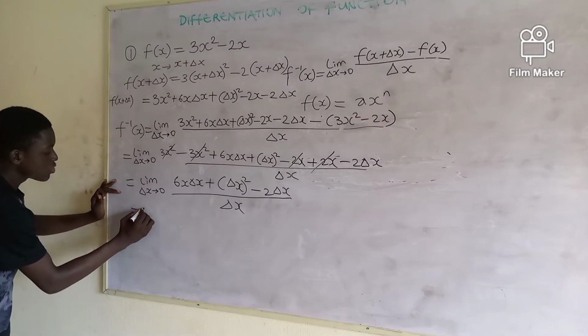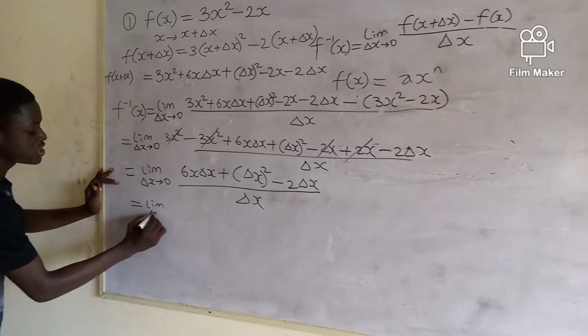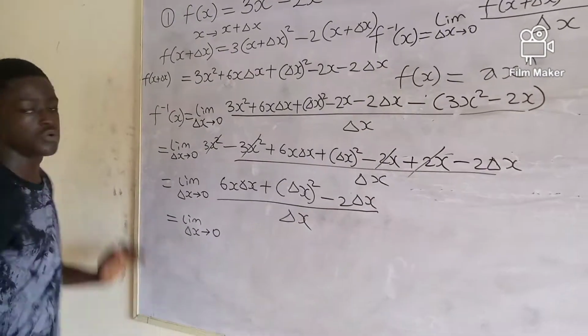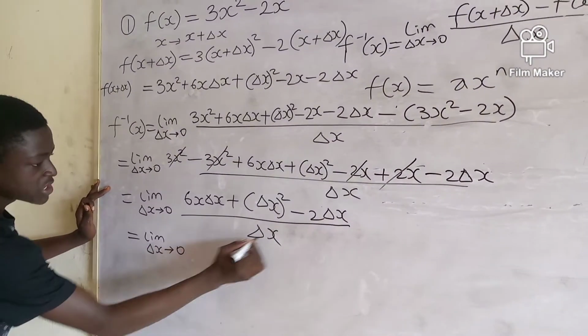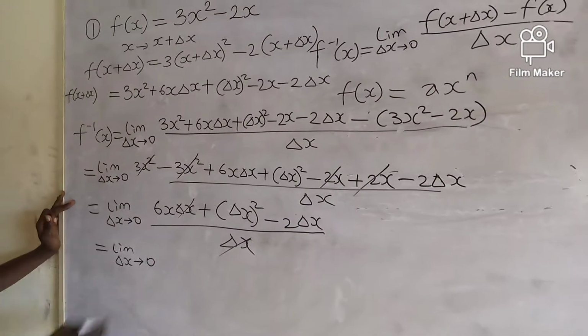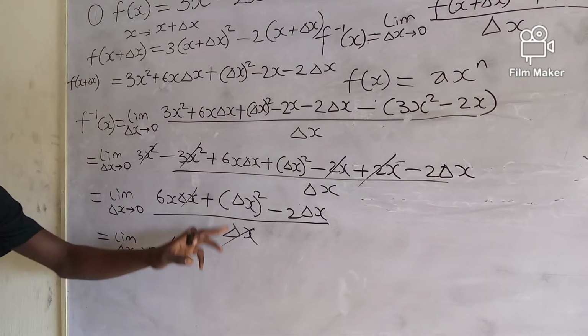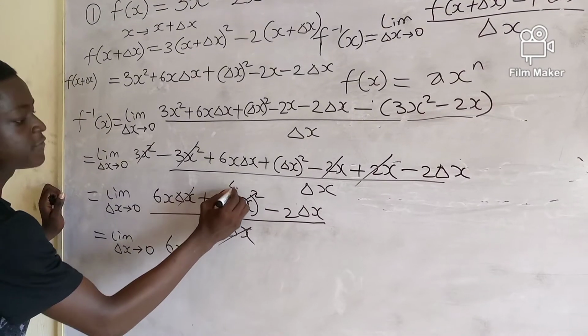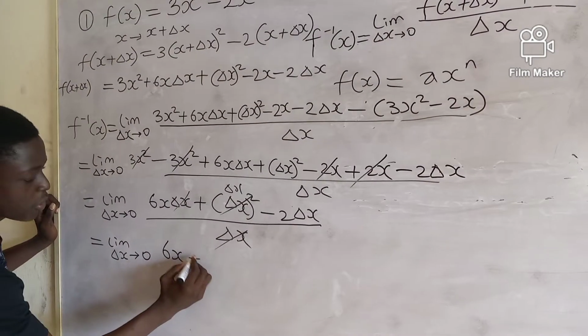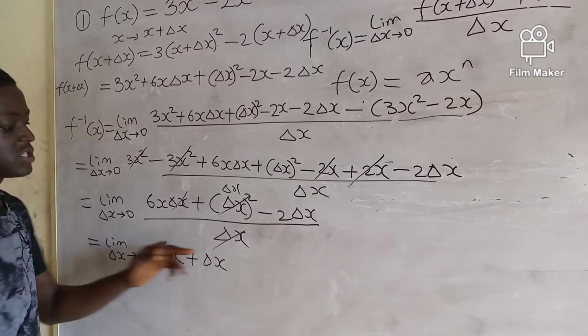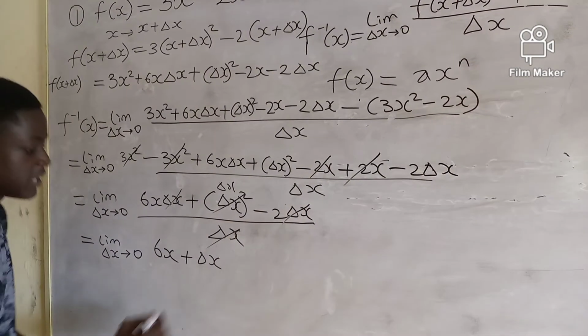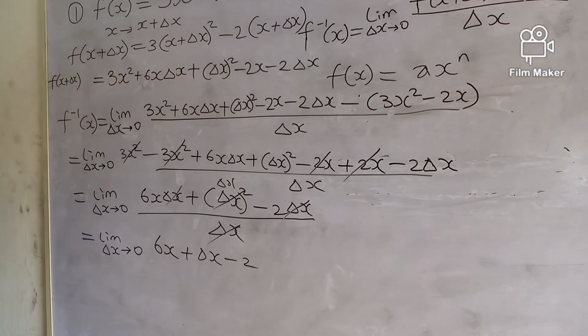This will be equal to the limit as the change in x approaches 0 of, the dx will be cancelled from here, we'll have 6x. The dx will be divided from here, we would have dx. dx will also be divided from here, we'll be left with minus 2.